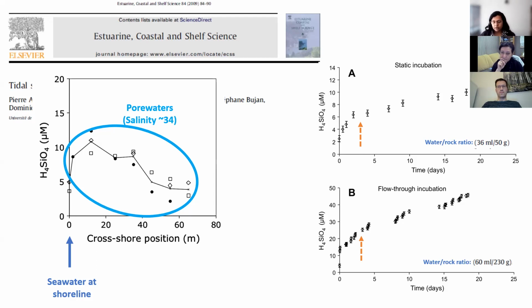The other option is also that you're reprecipitating some of that dissolved silicon that's in solution, and you're capturing it again into another solid phase, which is also consistent with these studies of dissolution rates using synthetic material.